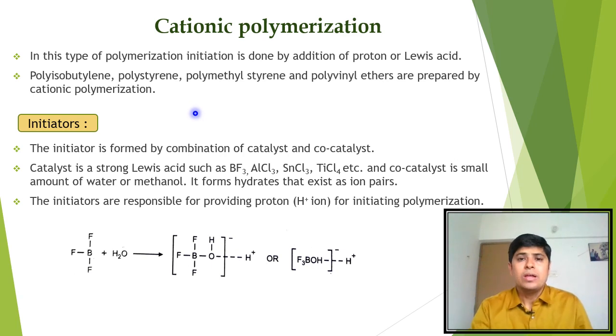Here also there will be three steps: the first will be initiation, the second will be propagation, and the third will be chain termination. How is chain initiation taking place? For that we will require initiators. The initiator is formed by a combination of catalyst and co-catalyst.